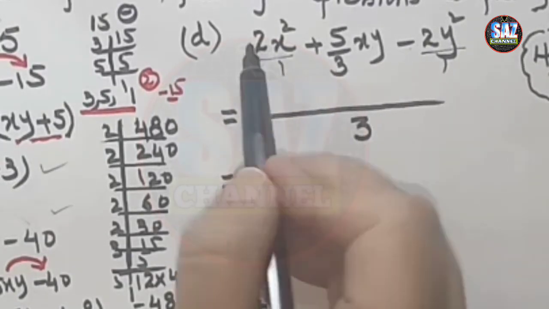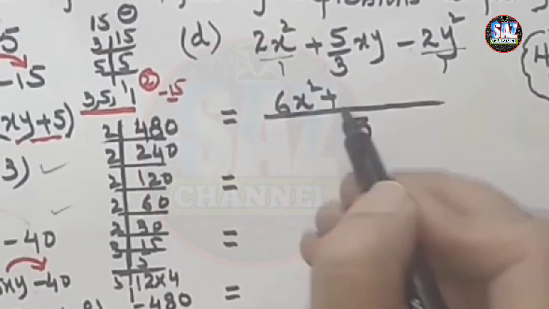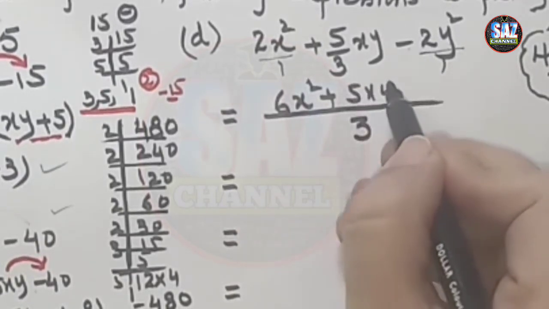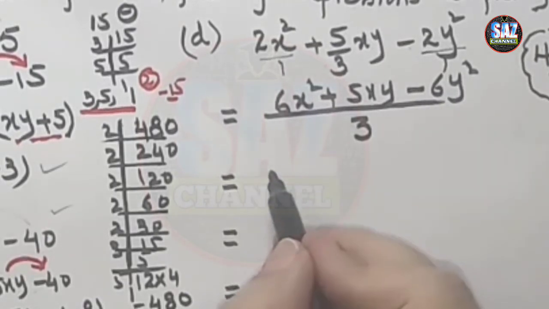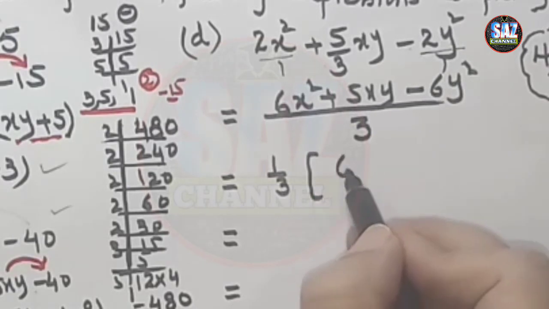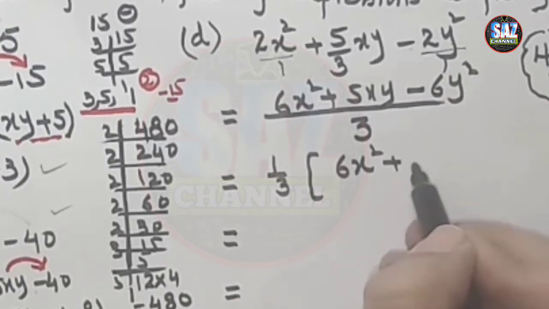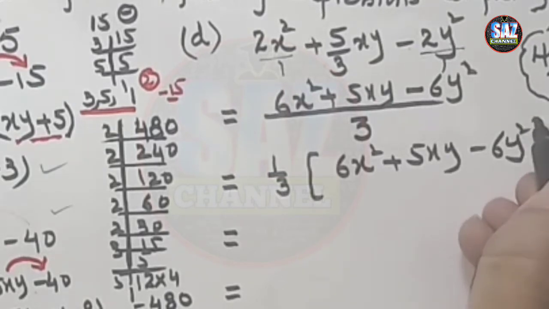So this 3 will be multiplied by 2. This will become 6x square plus 5xy minus 6y square. Take 1 over 3 as a common factor. This will take the form 1 over 3 into 6x square plus 5xy minus 6y square.